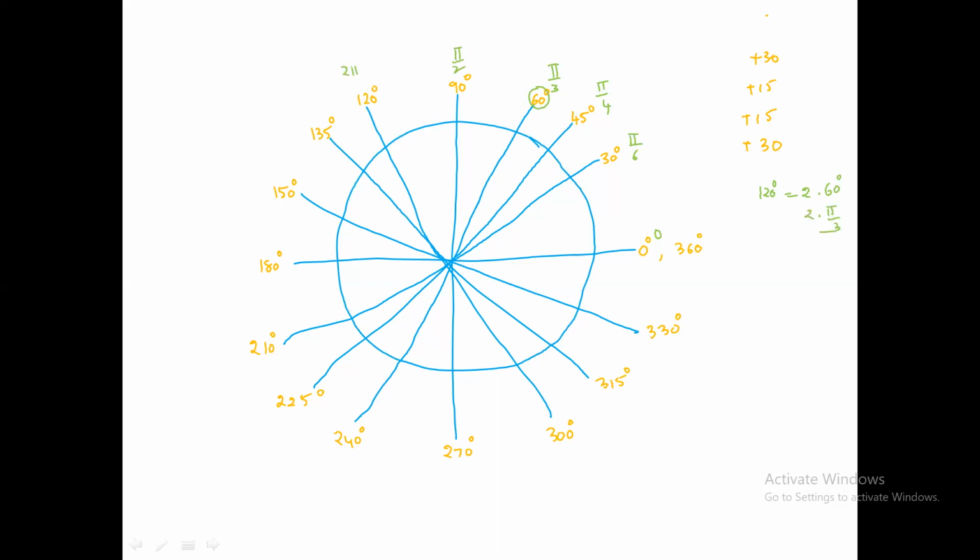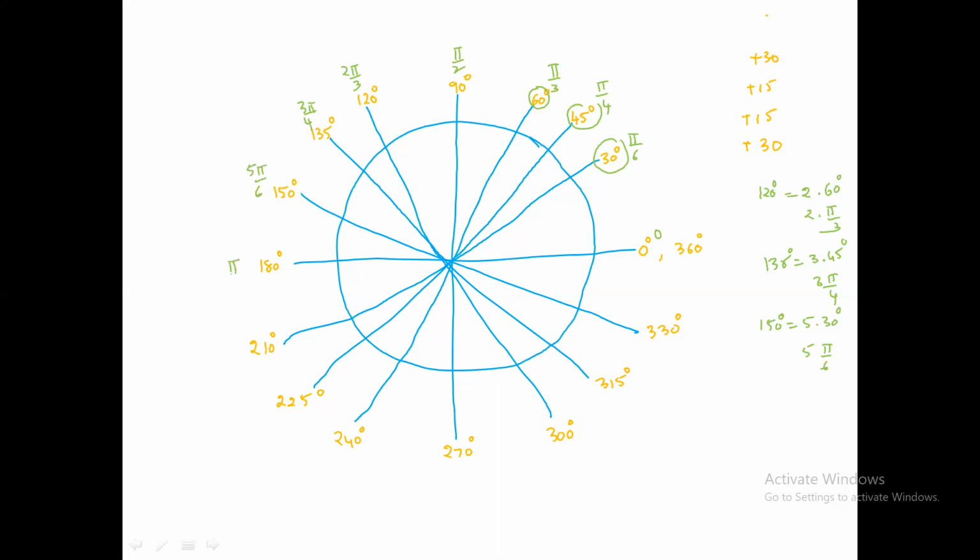So I'll write 2 pi by 3. Next, for 135, I will use 45. 135 is 3 into 45, and 45 is pi by 4. So 3 pi by 4. For 150, I will use 30. 150 is 5 into 30, and 30 is pi by 6. So 5 pi by 6.